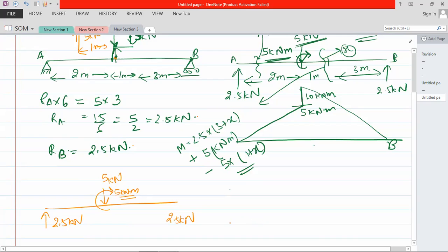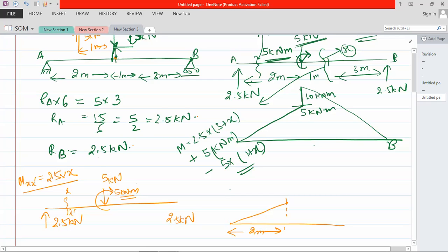Drawing the bending moment diagram up to 2, this is section xx dash. At xx dash, moment is equal to 2.5 into x. This is a linear function of x, so it will be a straight line up to 2 meter, because after that another couple is acting.